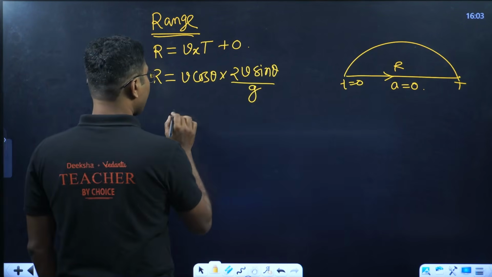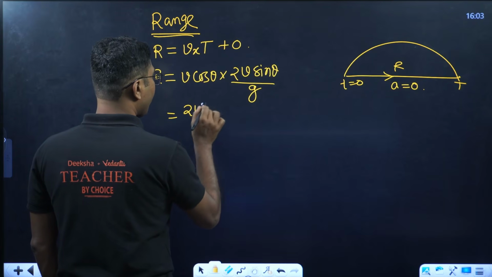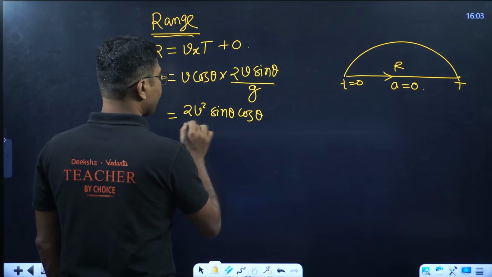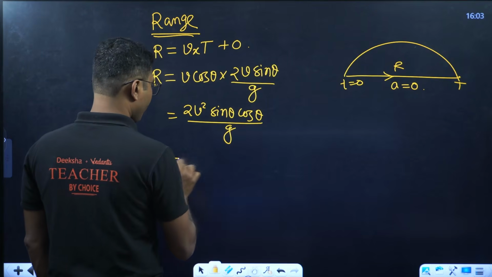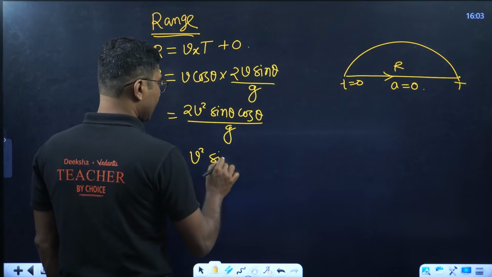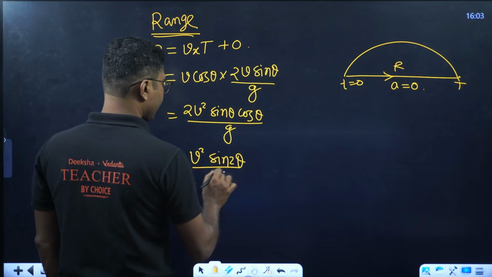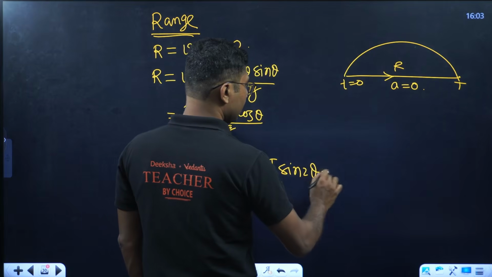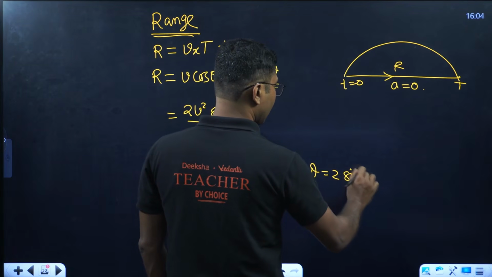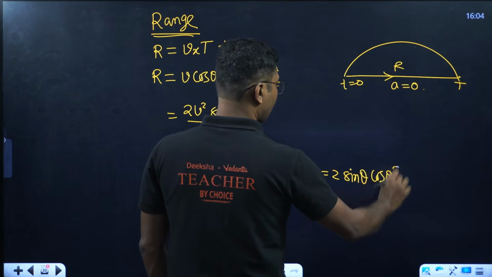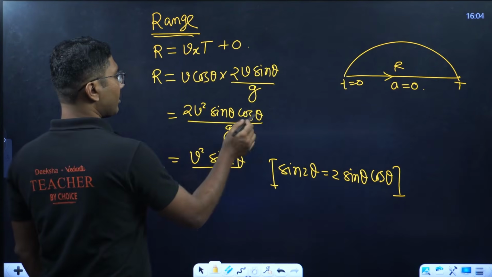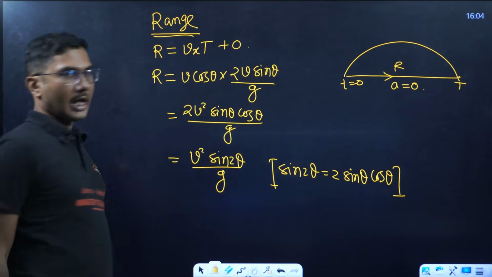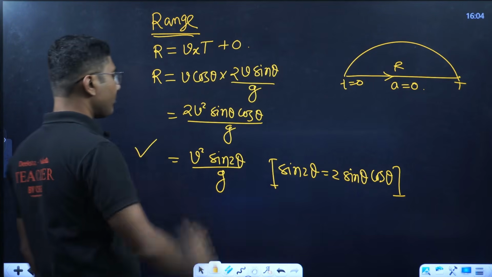So now multiply, you get 2v square sin theta cos theta by g, or v square sin 2 theta by g. Why? Because sin 2 theta is 2 sin theta cos theta, right? So that's how you calculate the range as well. So this is the formula for range.